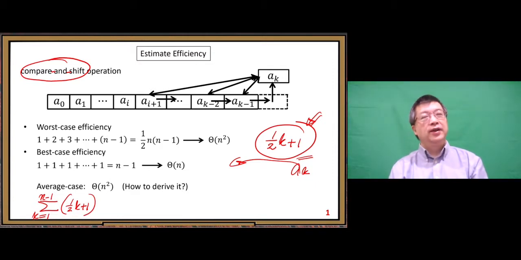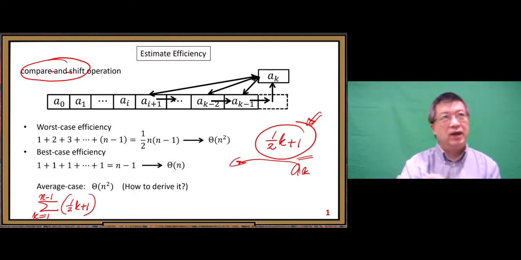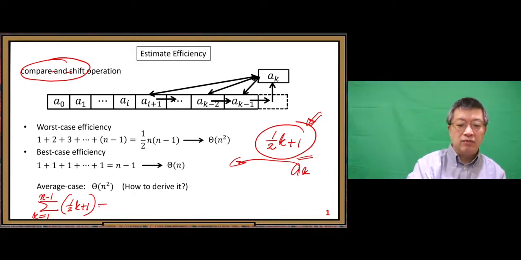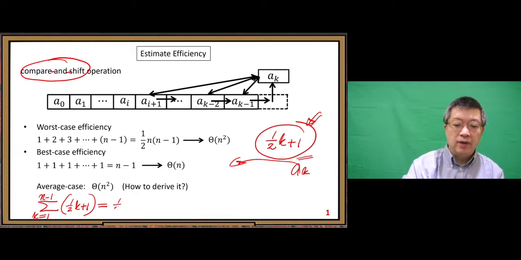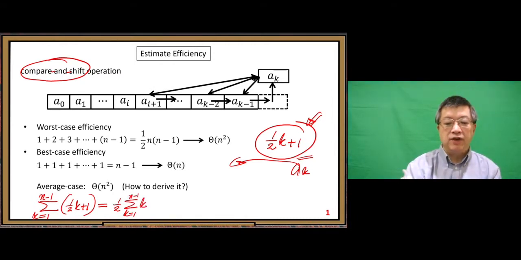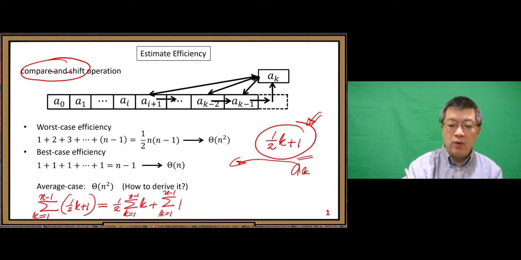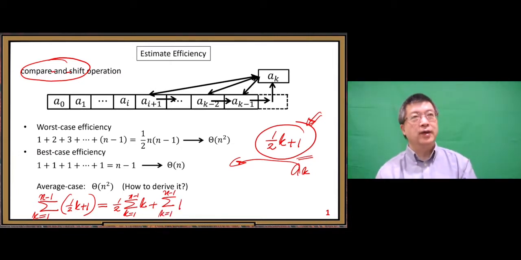I hope you know the properties of the summation operation. So we can write 1/2 times the summation of k from 1 to n-1, that's the first part. Second part, the summation of 1. Two parts.